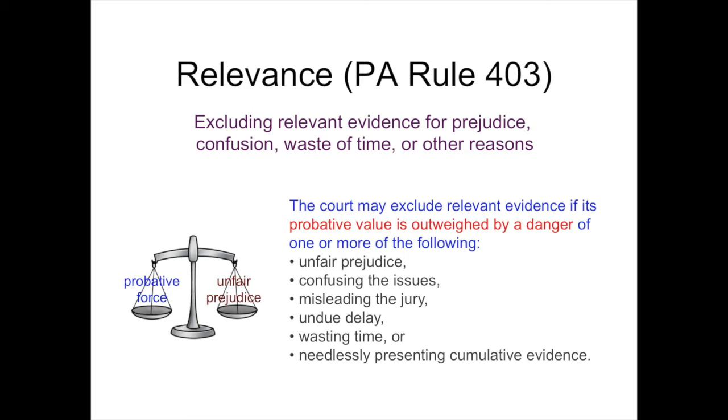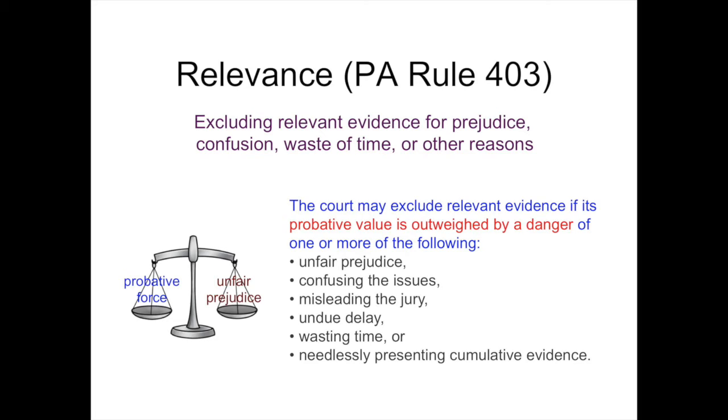So there's a balancing test between probative evidence. DNA is presumably probative. It's supposed to prove something one way or the other, versus the danger of unfair prejudice, which DNA definitely has, because if you start whispering DNA, it's pretty clear the guy must be guilty, and that's the end of it, if you don't know more.